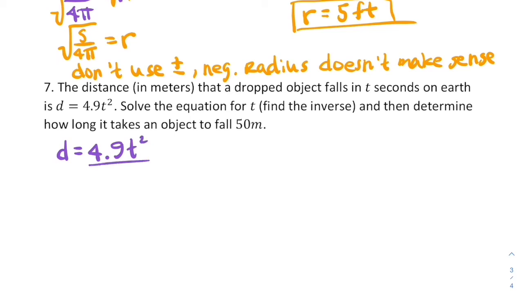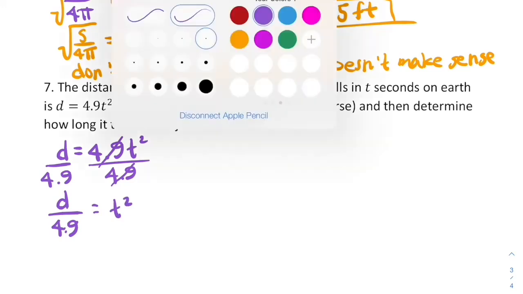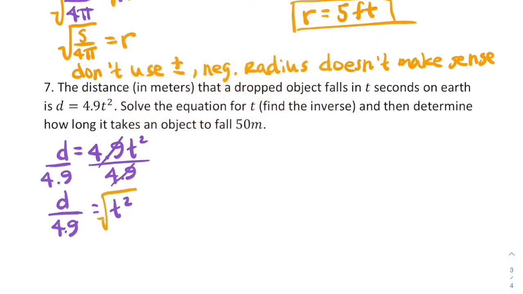So I want to divide by 4.9 on both sides. So d over 4.9 equals t squared, and then take the square root. Let me change colors here so you can see that's a different step. And so the square root and the squared will cancel, leaving me with square root of d over 4.9 is equal to my time.